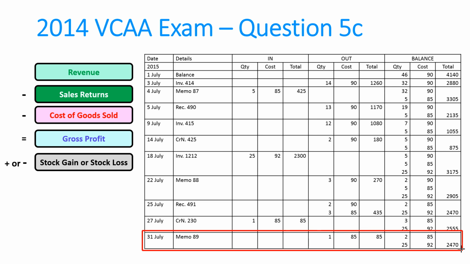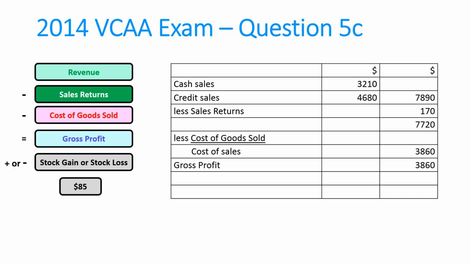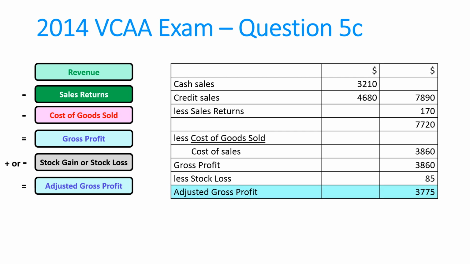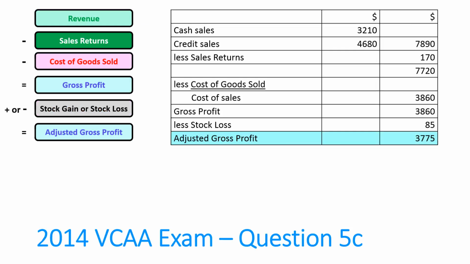So we've got a memo, so it could be a stock gain or a stock loss. It's in the out column, so I'm losing stock, so that's got to be a stock loss. That's a stock loss of $85. So I better put that in. And then finally, that will give me my adjusted gross profit. To get that, I will take my gross profit here, minus away my stock loss, and that will give me an adjusted gross profit of $3,775.